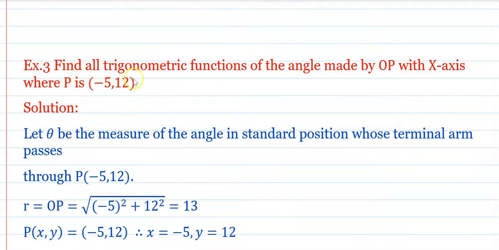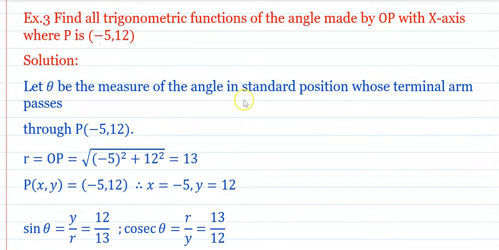Next, find all the trigonometric functions of the angle made by OP with x-axis where P is minus 5 and 12. Now the given point lies in the second quadrant. X is negative, y is positive.